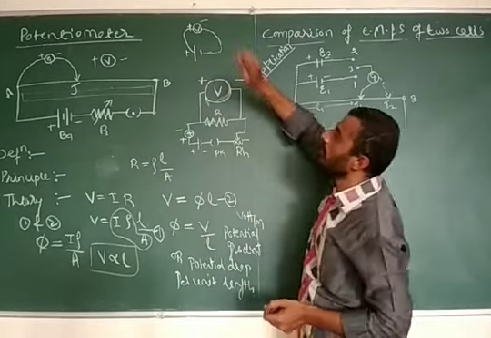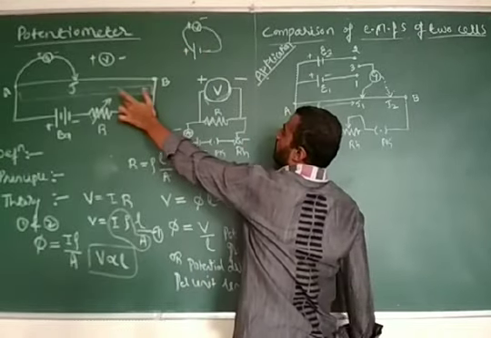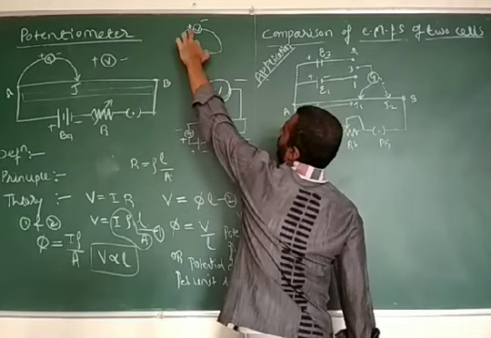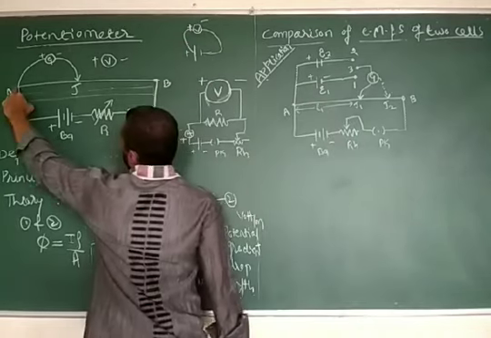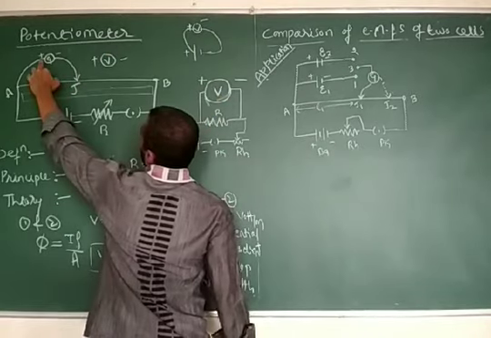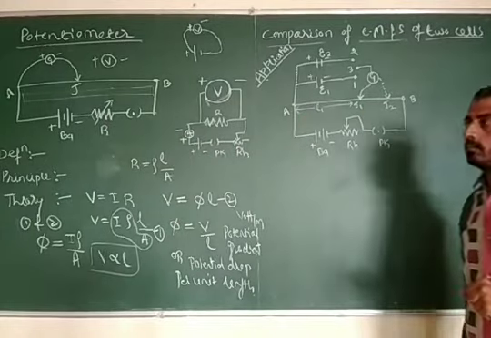In the same way, you can use a potentiometer to measure the EMF. Here positive of the voltmeter is nothing but A, and negative of the voltmeter is the galvanometer terminal.